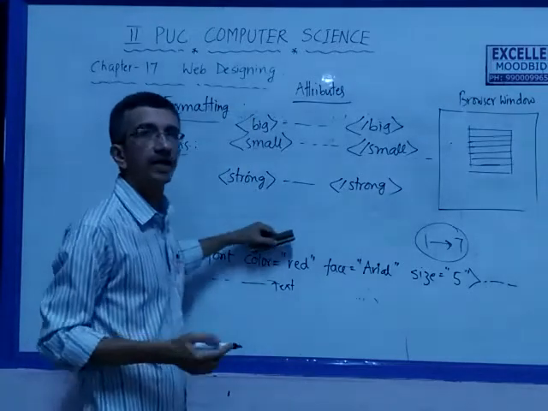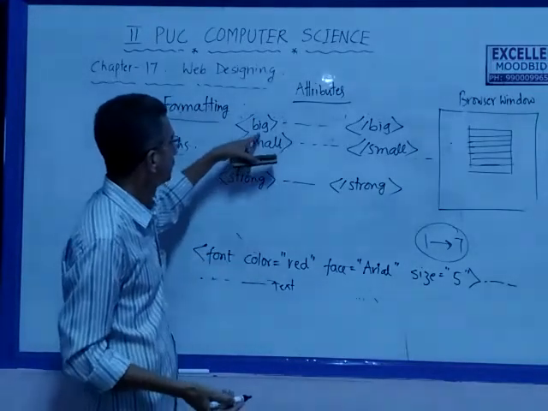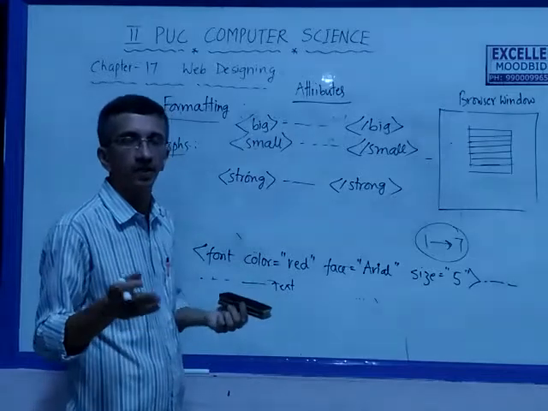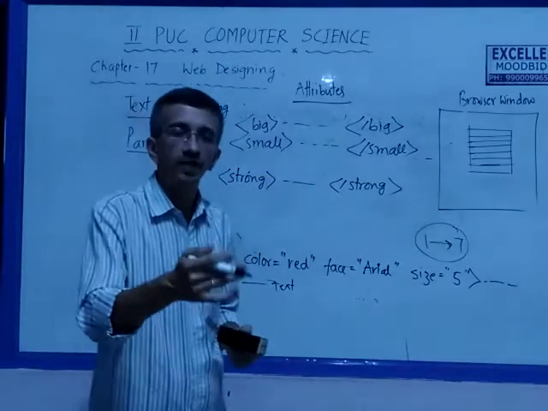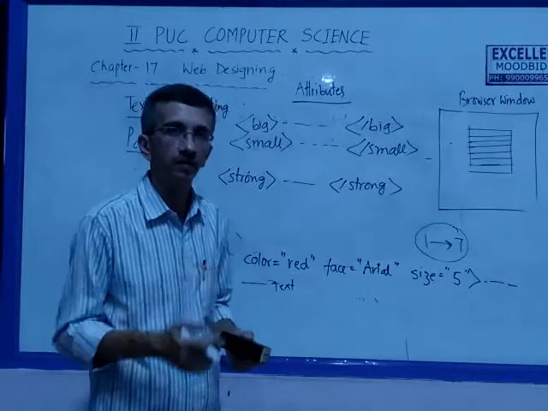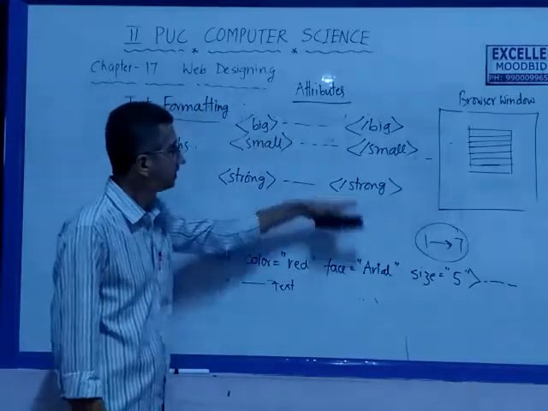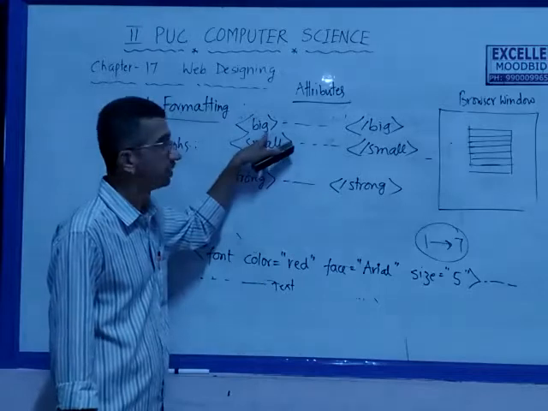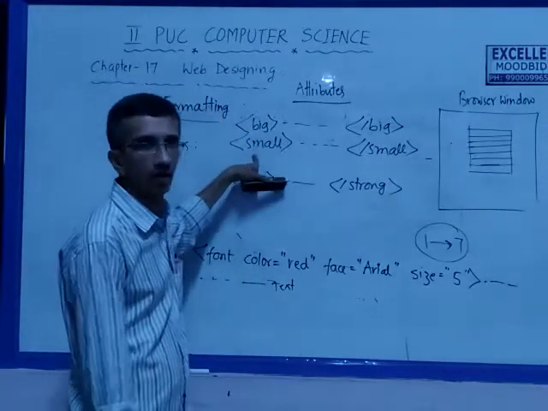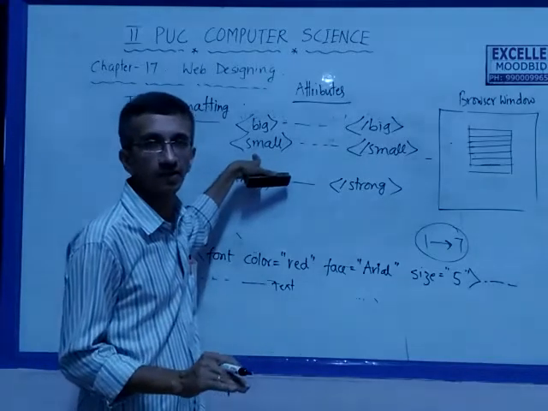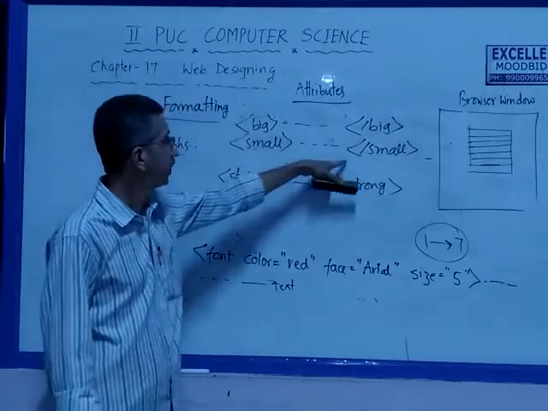So these are some relative type of tags. For example, if you enclose text in between a pair of big and close big tags, the relative size becomes one more than the normal size. If it is already size 5, big makes it size 6, 1 unit more. Similarly, small reduces the size of the text by 1 unit wherever you enclose it.